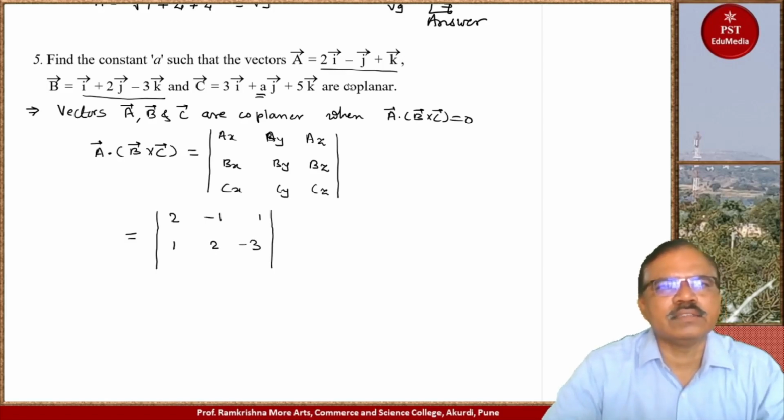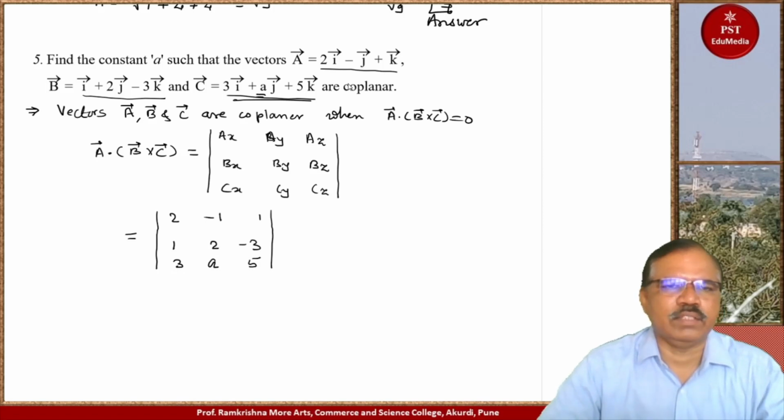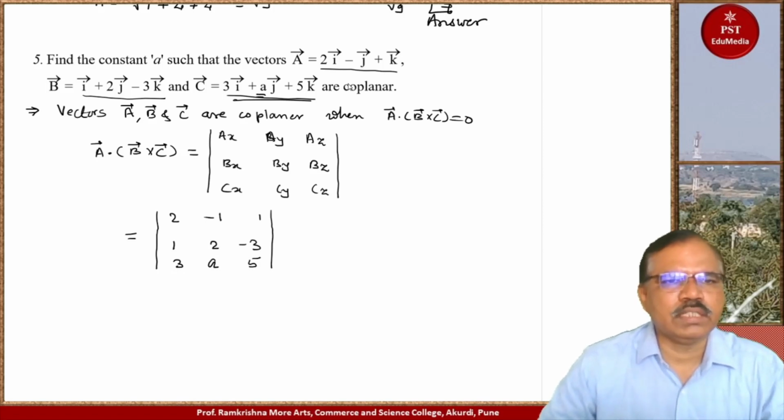And then C is this one: 3, a and 5. Now use the determinant method.